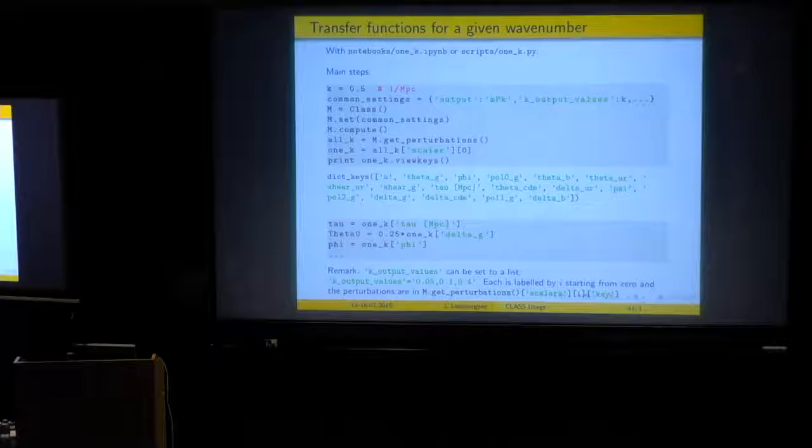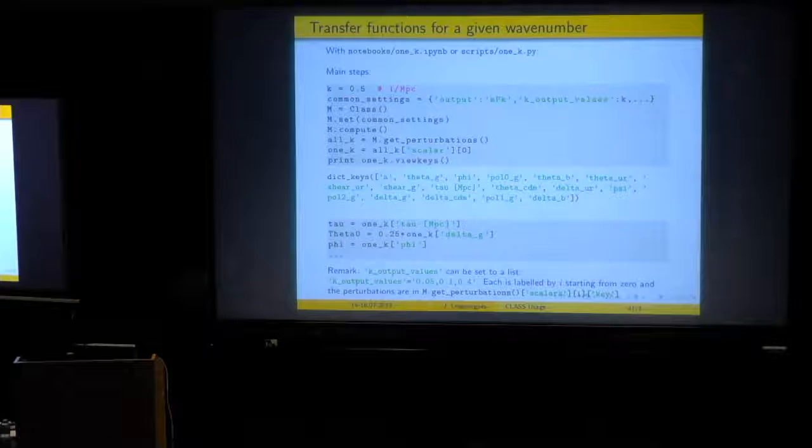one_k is still a dictionary, so I will look at the keys inside with the view keys or keys, and I see all the different columns. So now one column is, there should be somewhere conformal time. Yeah, conformal time is here. The corresponding scale factor, and then not all, but the most interesting perturbations.